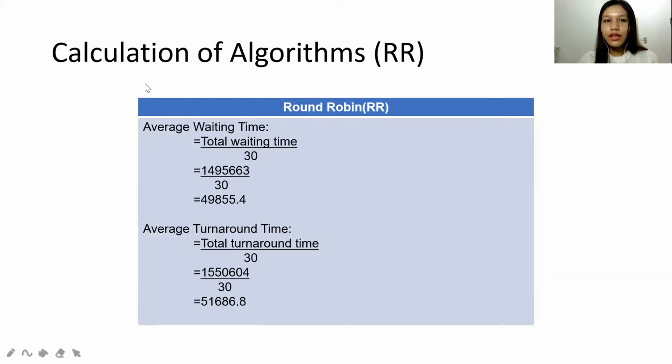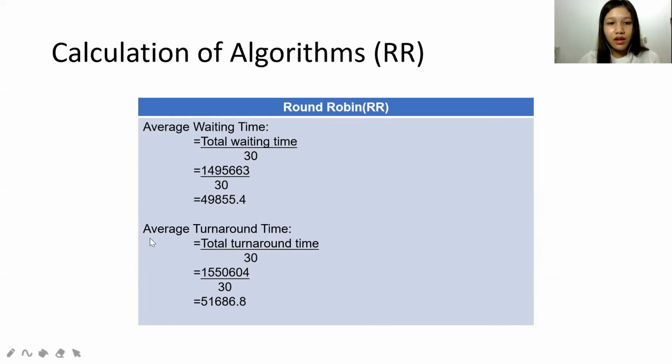The total number of interrupts incurred is 5,477. Next, for the calculation of the round robin algorithm, to calculate the average waiting time, the total waiting time is divided by the total jobs, which is 30. So we have 1,495,663 divided by 30, we get 49,855.4.